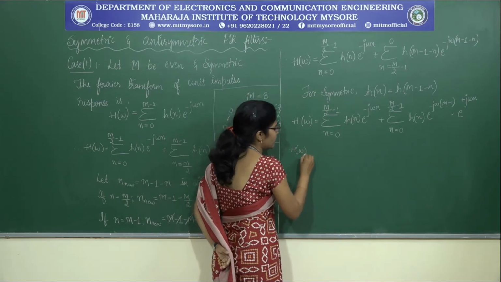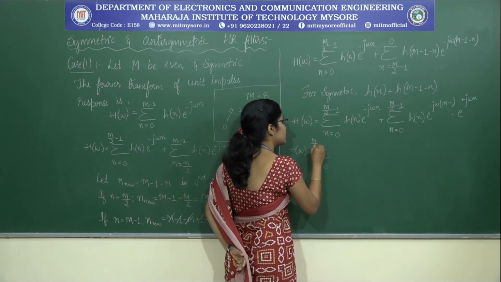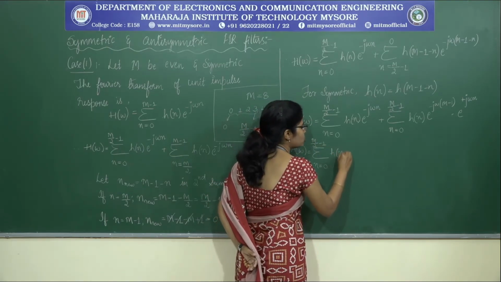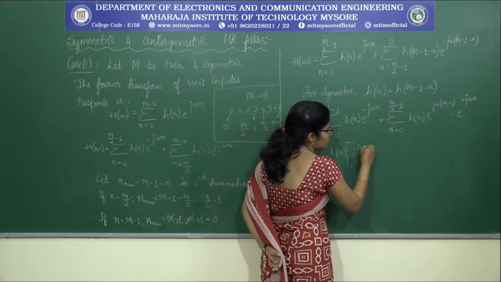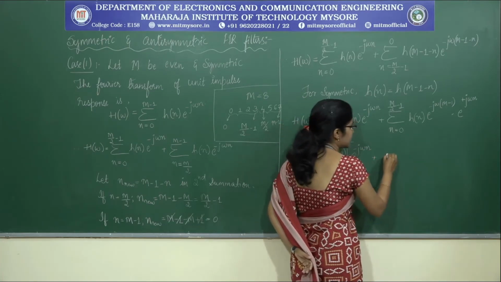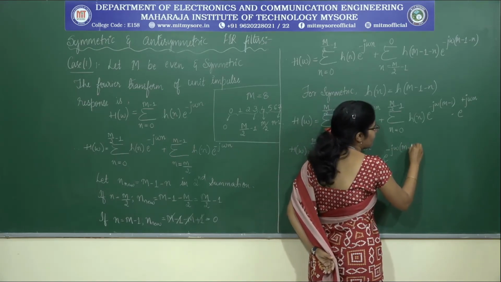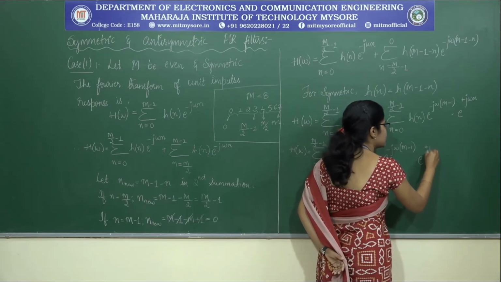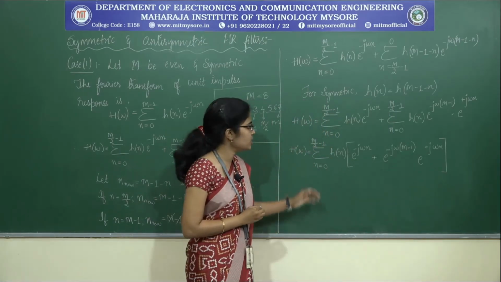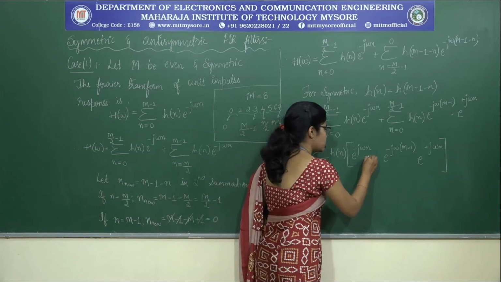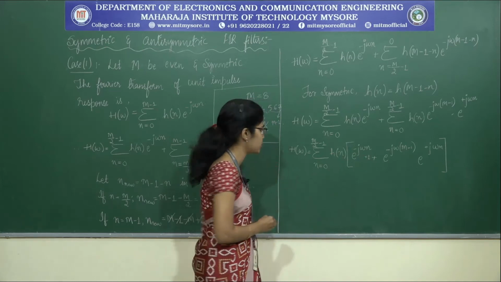Therefore, H of omega will be equal to summation n ranges from 0 to m by 2 minus 1 into h of n, and the terms left out are e power minus j omega n, plus in the second term e power minus j omega into m minus 1 into e power plus j omega n. Now for the purpose of simplification, this exponential term is multiplied with 1, and instead of 1 let us take a substitution with respect to an exponential term.